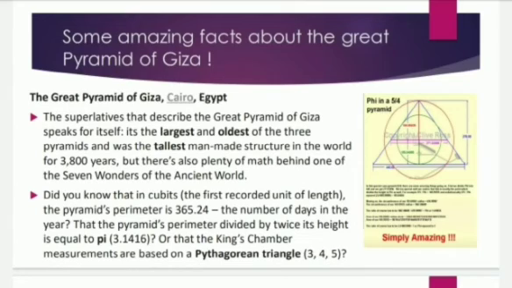Did you know that in cubits, the pyramid's perimeter is 365.24, the number of days in the year? That the pyramid's perimeter divided by twice its height is equal to pi? Or that the king's chamber measurements are based on a Pythagorean triangle? No, you didn't know, but now you do.